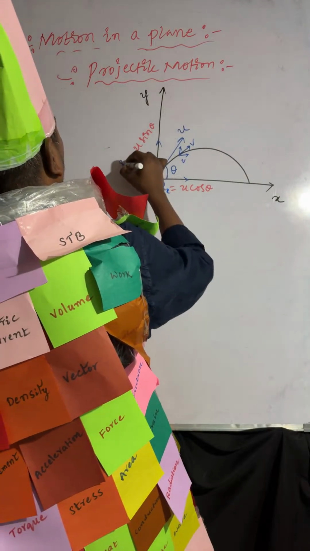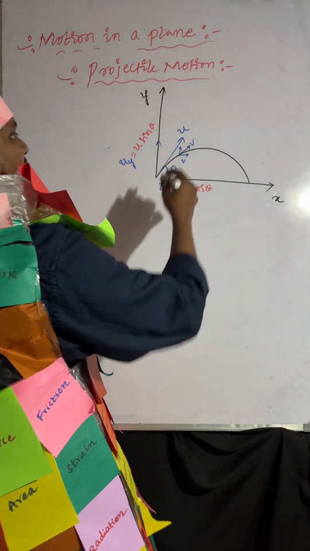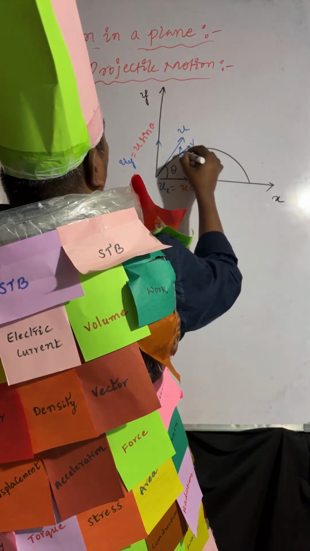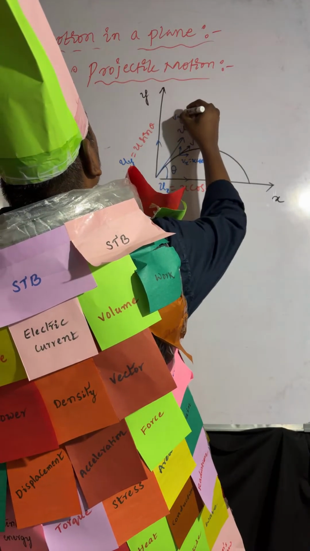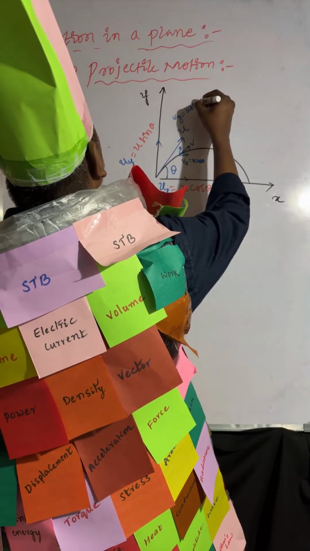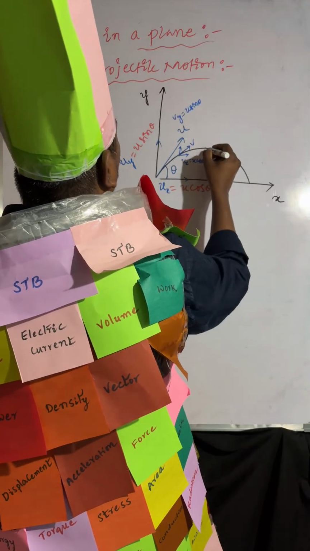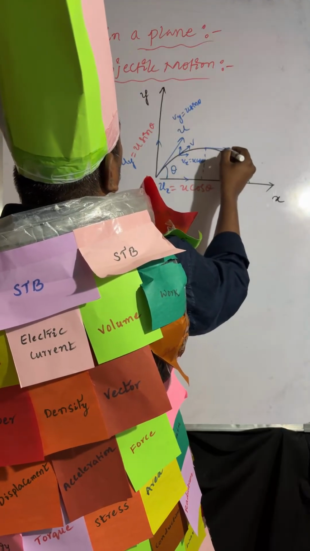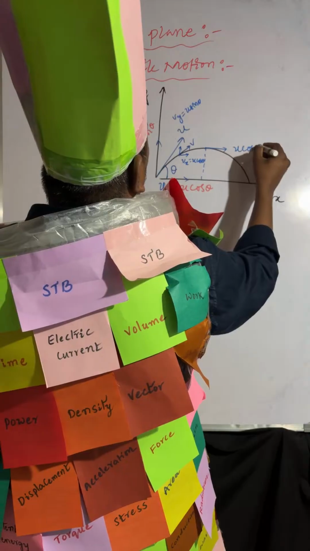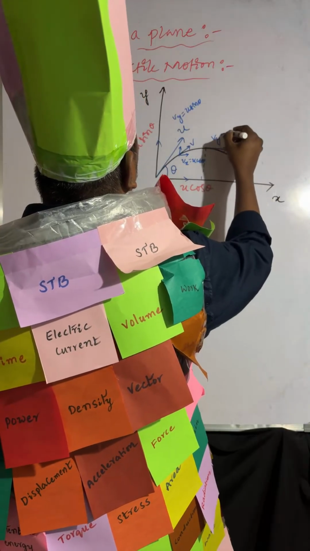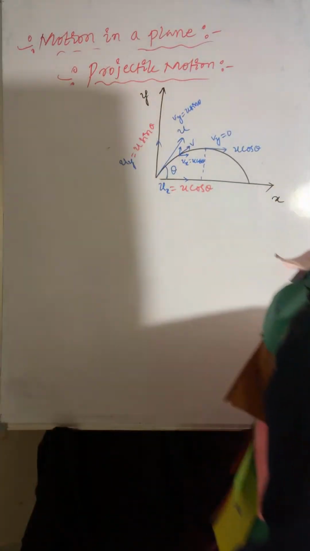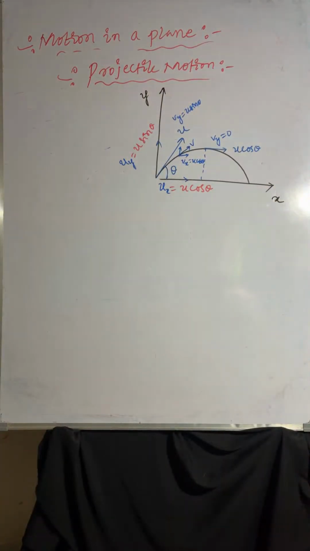So after a certain time Vx equals u cos theta only, and Vy equals u sin theta. But at the maximum height, you can observe, only u cos theta will be remaining, and Vy equals 0. Understood or not?